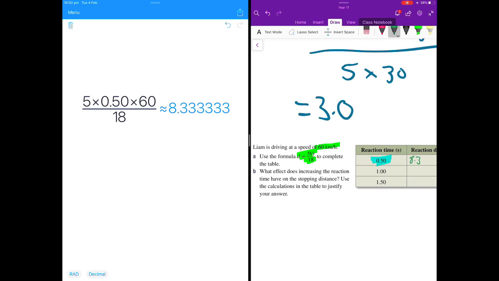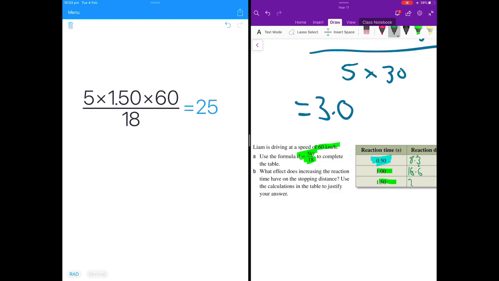Next one, just changing the 0.50 to a 1.00. Is 16.6 repeater, and last one 1.50. And 25.